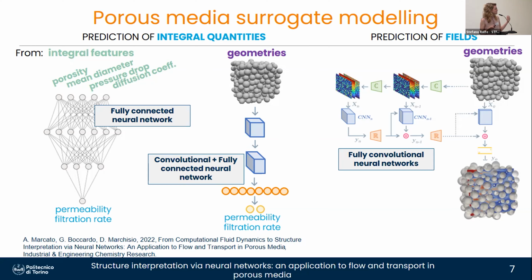But it is possible also to provide the neural network with the entire geometry of the porous media. In this way, the network is able on its own to understand the most effective features in the geometry for the prediction of the output. So both of these modeling techniques can be employed for the prediction of integral properties very well.